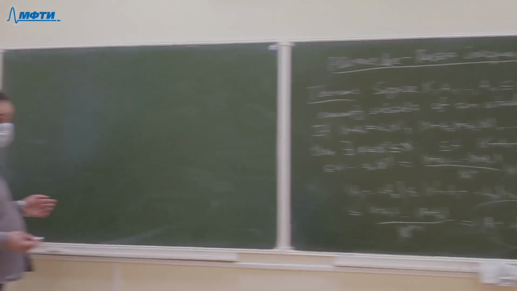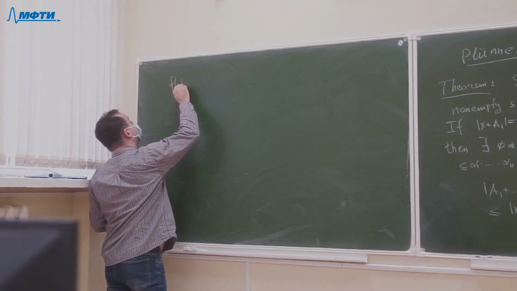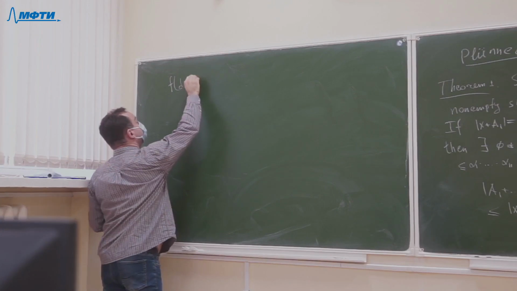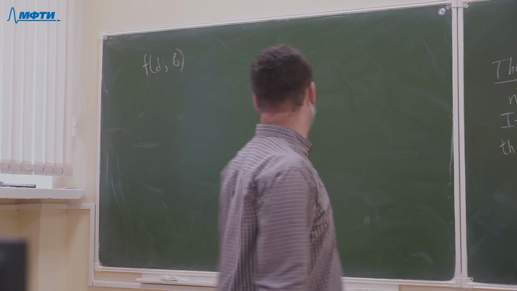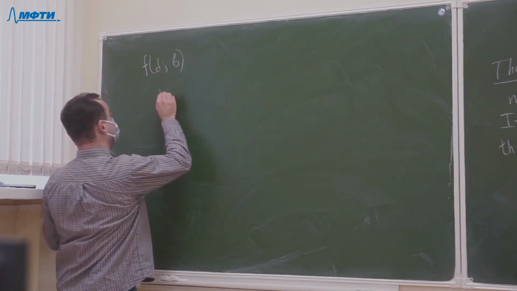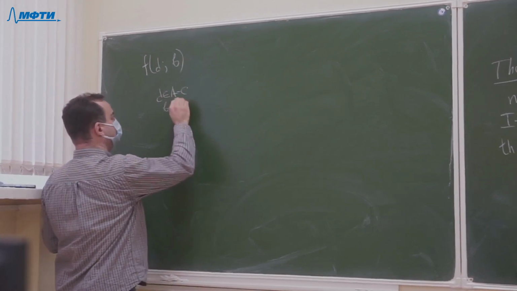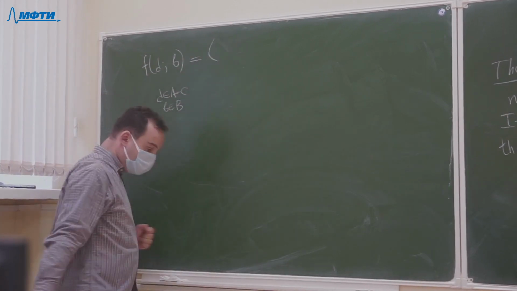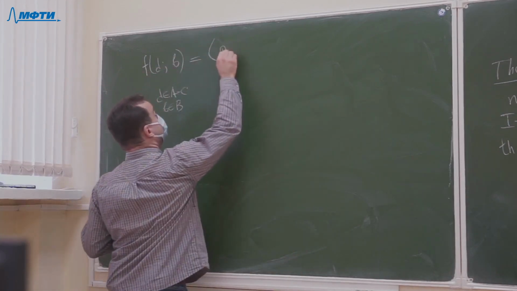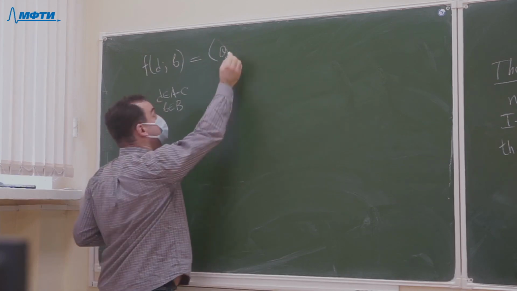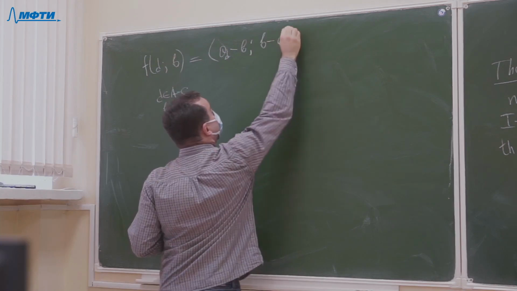Here is our injection. It takes a pair d from A minus C and b from B, and it returns a_d minus b and b minus c_d.